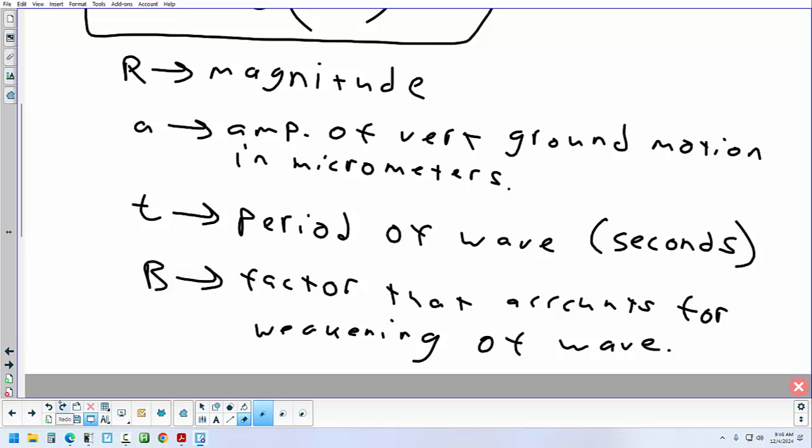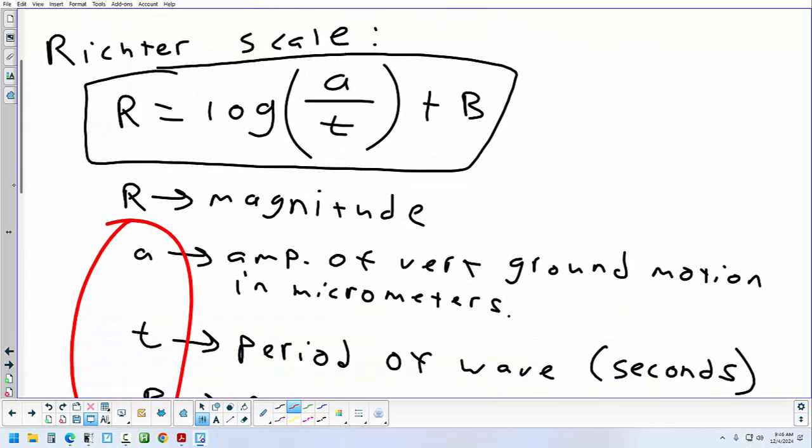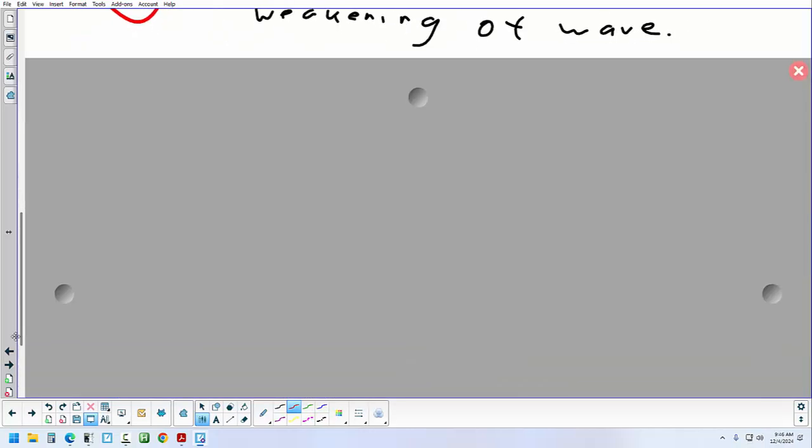Then think about what happens if you drop a huge boulder in a giant pile of sand. Well, you'll get a wave, but because the sand is kind of loose, it absorbs the energy, and it's probably not going to travel like it would if you dropped it in a lake. So that accounts for that kind of stuff. Basically you just take those three variables and fill them into your formula, and that gives you the intensity of the earthquake.